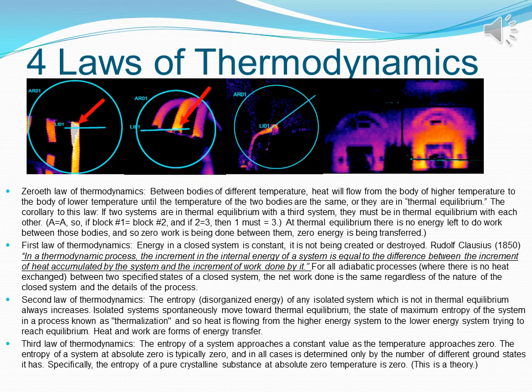Isolated systems spontaneously move towards thermal equilibrium, the state of maximum entropy of the system, in a process known as thermalization, and so heat is flowing from the higher energy system to the lower energy system, trying to reach equilibrium. Heat and work are forms of energy transfer. That was Joule's law also.